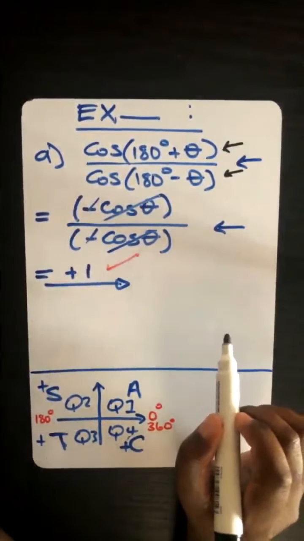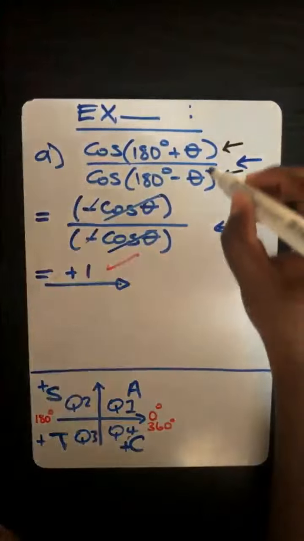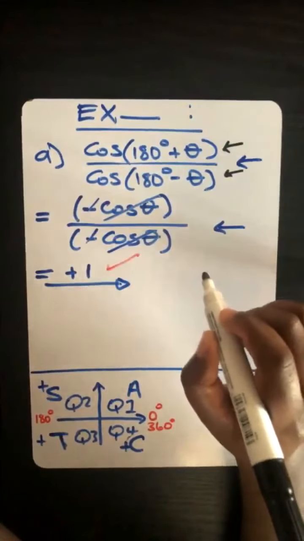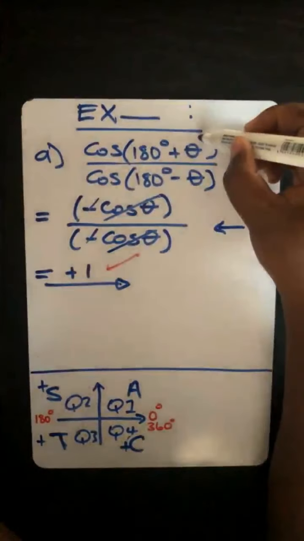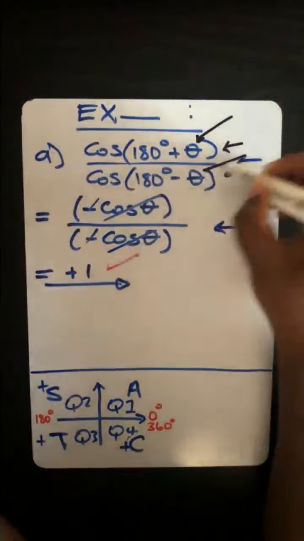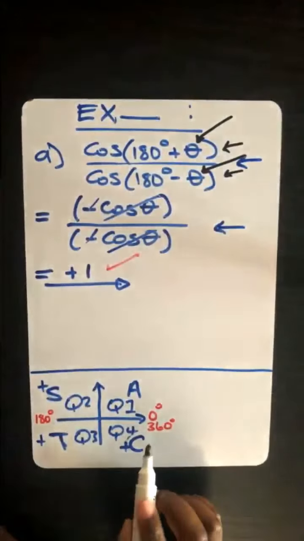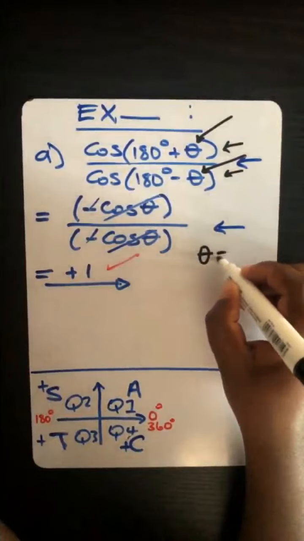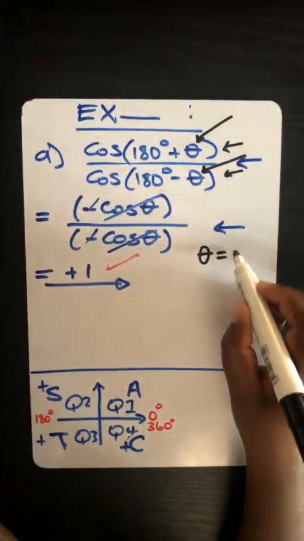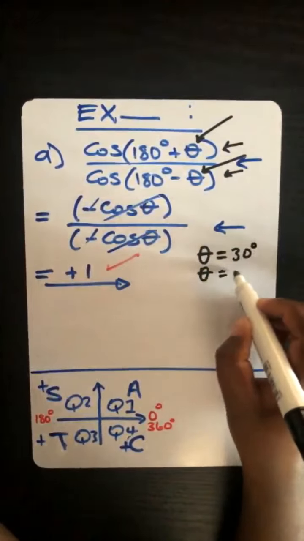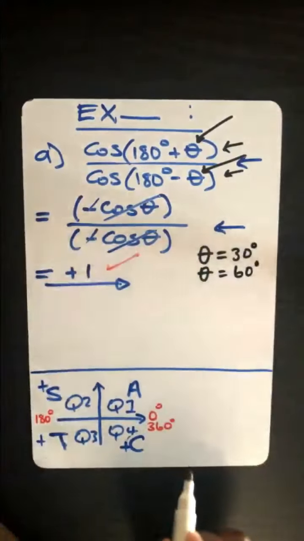Ladies and gentlemen, if you want to prove if your final answer is wrong or correct, substitute any angle that you like over there. It has to be the same angle over there. So let's say, for example, some of you assume angle theta to be 30 degrees, some of you assume angle theta to be 60 degrees.